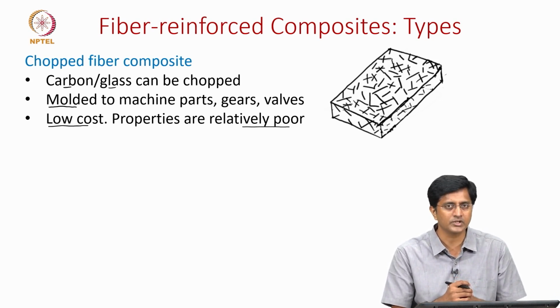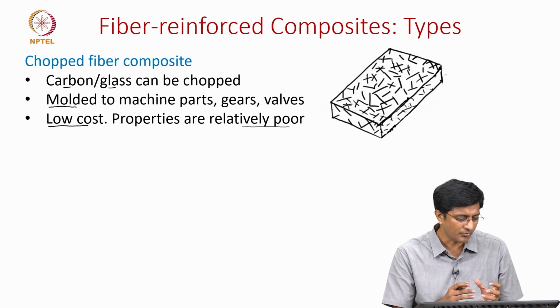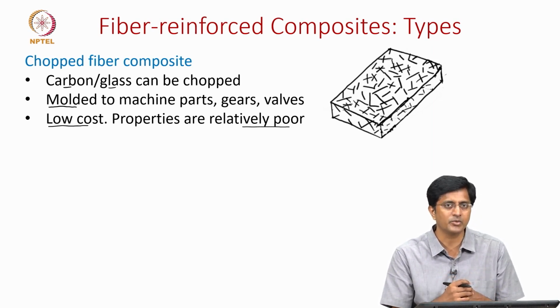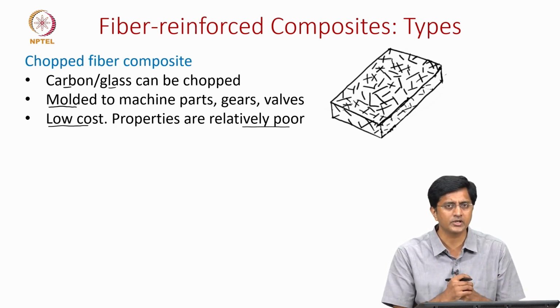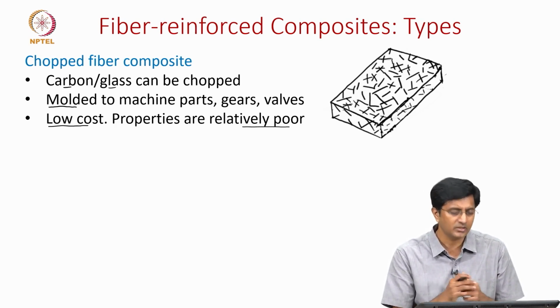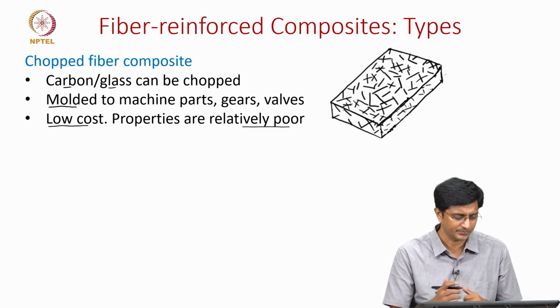That might be one of the reasons why chopped fibers are not used when loading is a primary design criterion, but they are used when you need intermediate properties and lower prices.